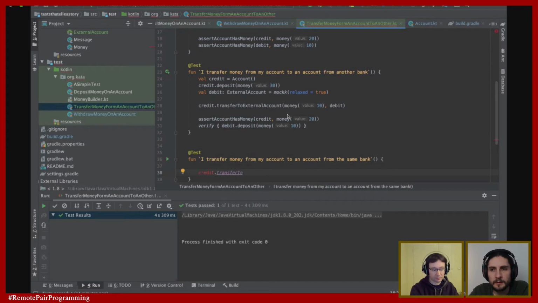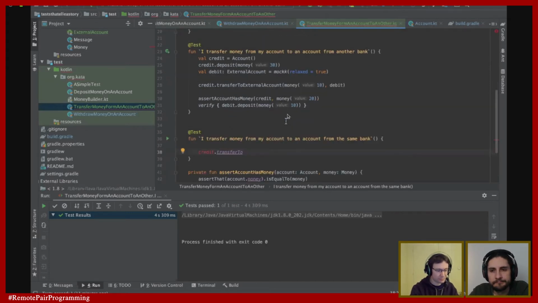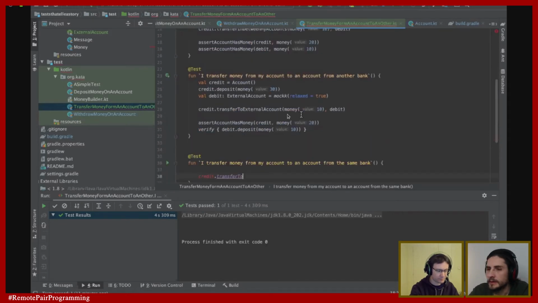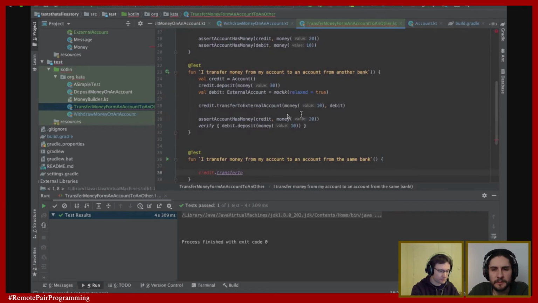It's not internal, because the other one would be internal. No, that's not internal. Yeah, let's say internal. Okay, it's fine. I think it has a name, but I don't know all the names in banking yet.